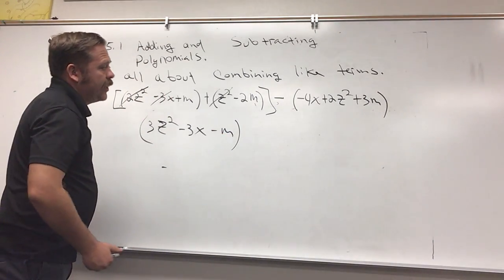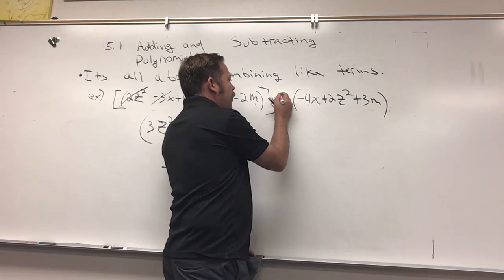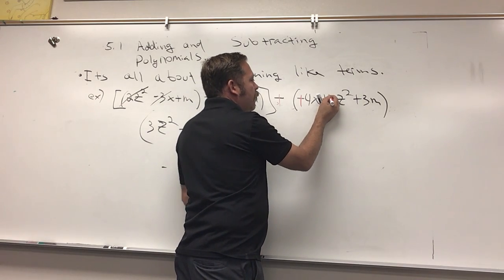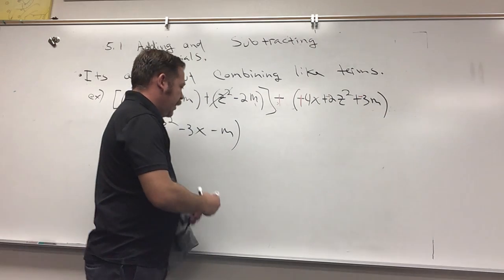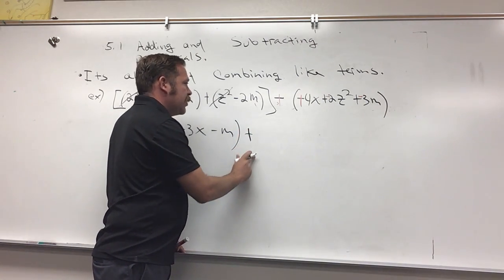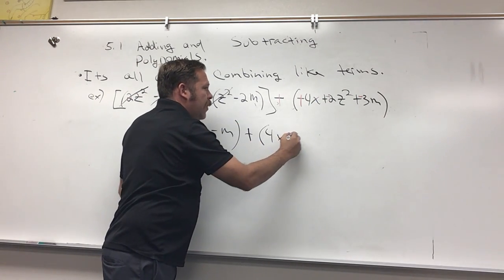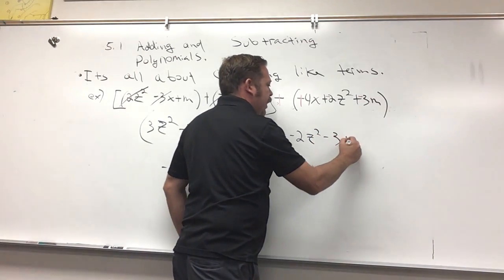So what that means is we're going to add the opposite. So this is going to become add, this will become add, this will become minus, this will become minus. Okay, so I'm going to write that next to here, nice and clean here. So it's going to be plus positive 4x minus 2z squared minus 3m.